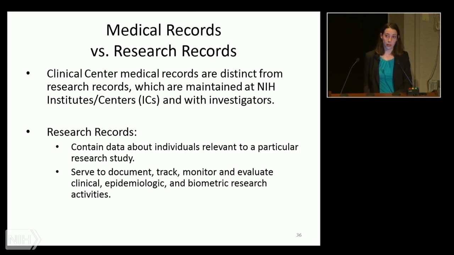So the clinical record and the clinical medical record might be more voluminous than the research record if the research record doesn't need all of the information that's collected in a clinical care setting. The research record serves to document, track, monitor, and evaluate the clinical, epidemiologic, and biometric research activities.